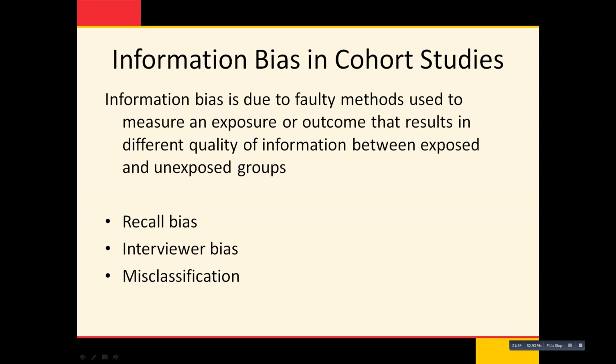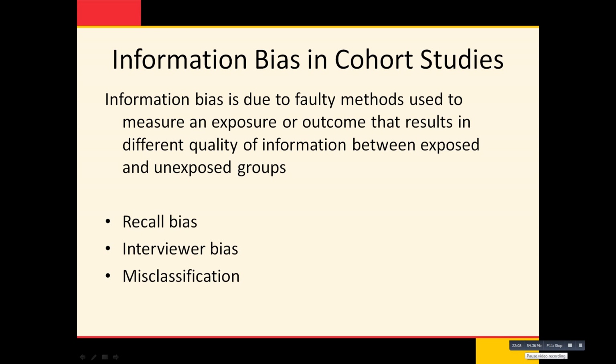It also can occur when you say that a person has a disease or they don't. Let's say we rely on patients to tell us whether they had an elevated, abnormal liver enzyme. If we were relying on patient self-report, we might misclassify patients and say that they had an abnormal LFT when they didn't, or say that they didn't have one when they really did. That would be misclassification of exposure and/or misclassification of disease.